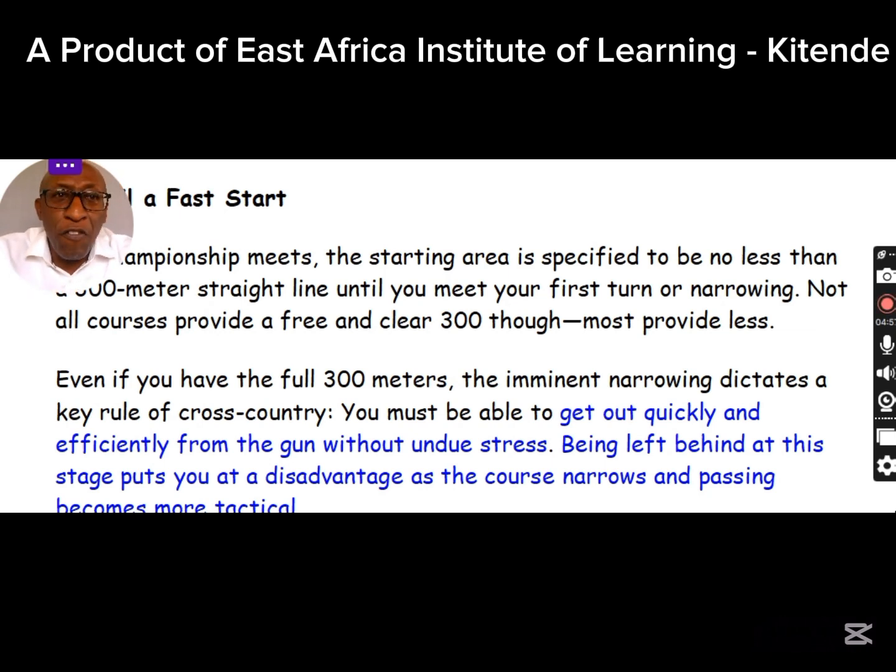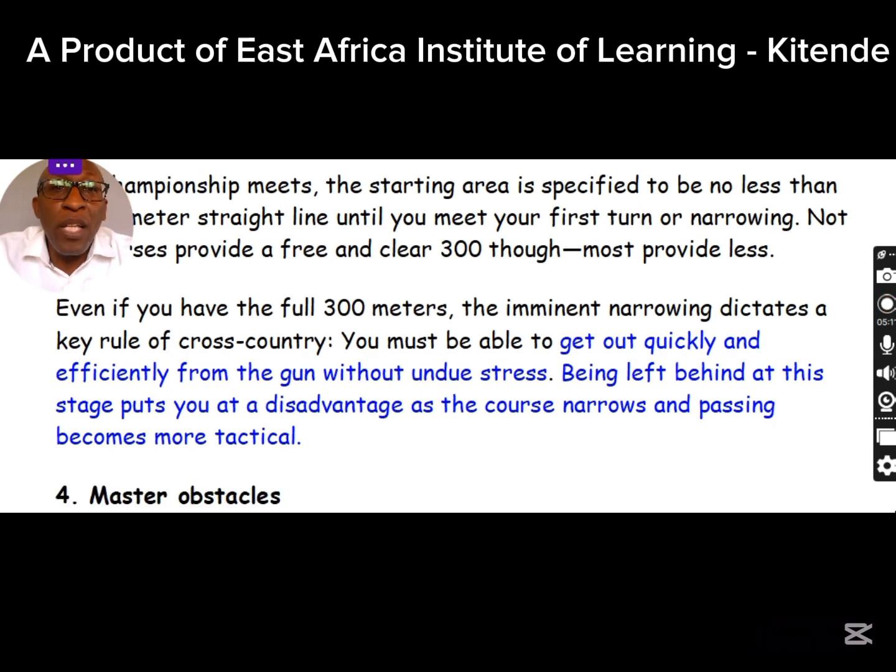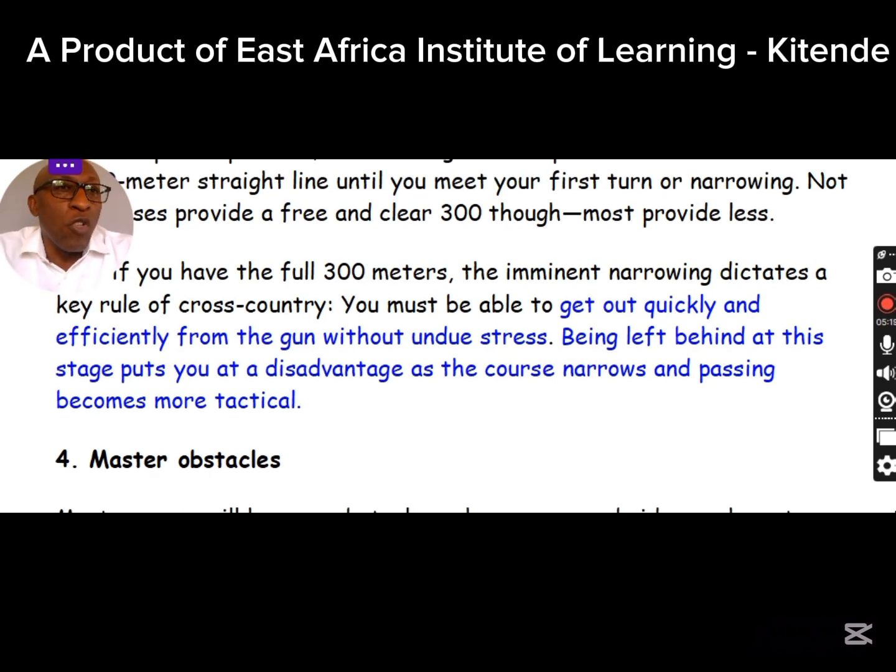Because if you remain within a group at the starting point and fail to break out, you're going to be disadvantaged, particularly when you reach narrow parts of the course, particularly when you're reaching more tactical points. Once a group is there on a narrow point, you're going to be bogged down by this group. So the best is to move out of the group, move ahead.